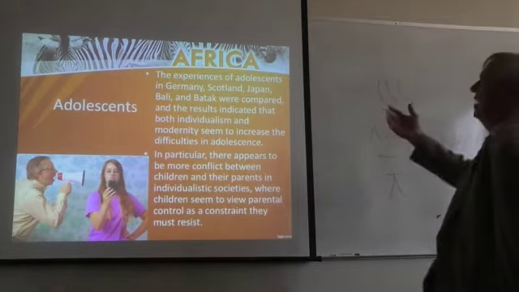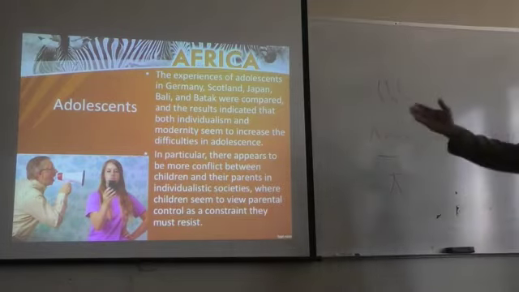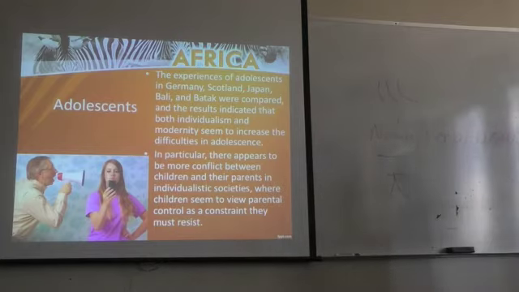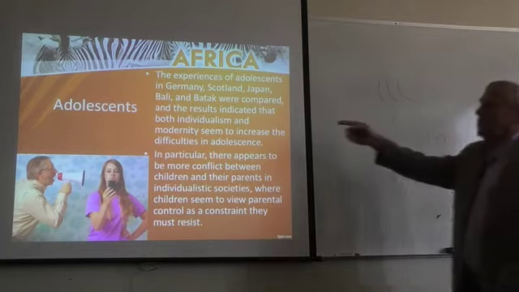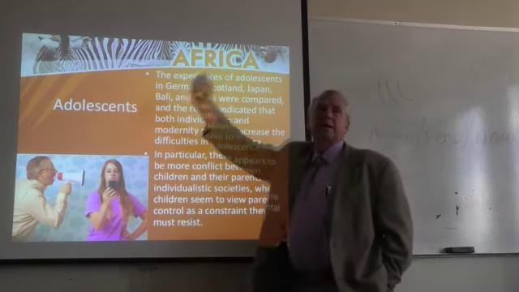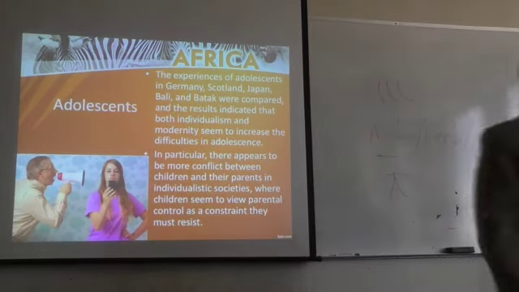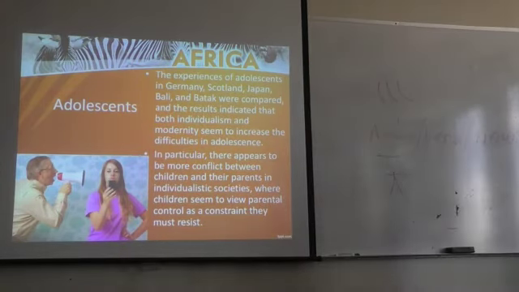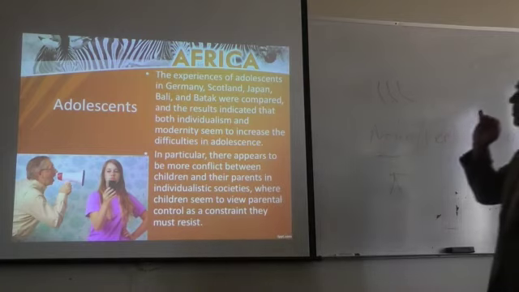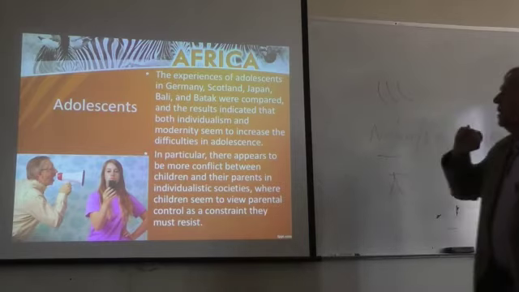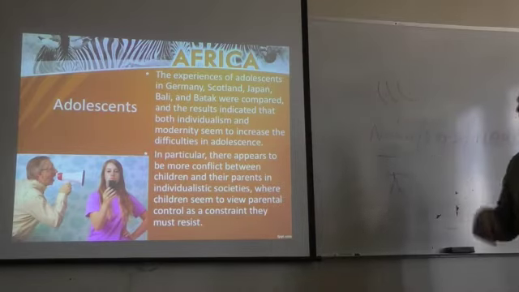The experiences of adolescence in Germany, Scotland, Japan, Bali, and Batak. Batak is an island in the South Pacific. Bali, of course, is an island in the Indonesian area. They were compared, and the results indicated that both individualism and modernity seem to increase the difficulties in adolescence in all of these societies.